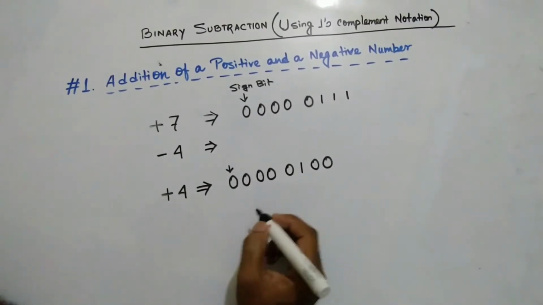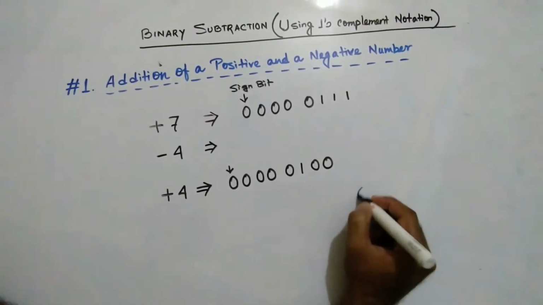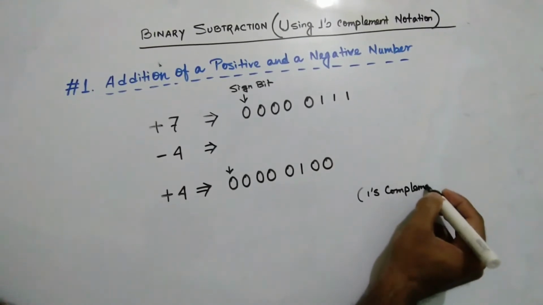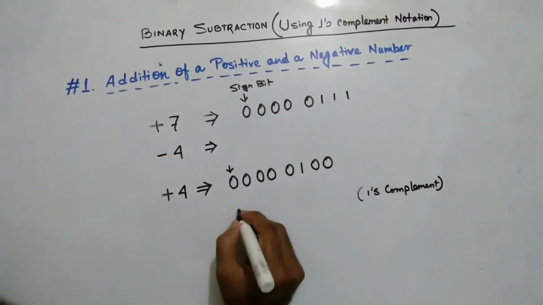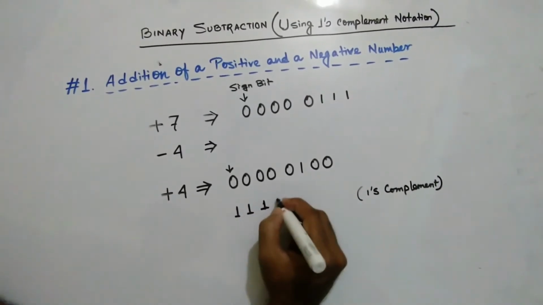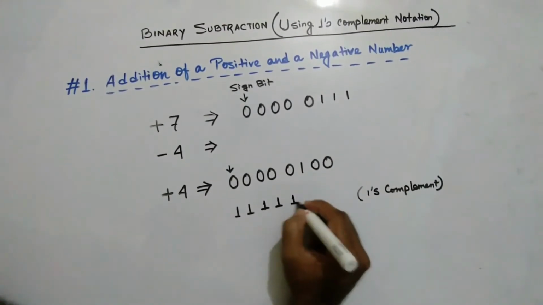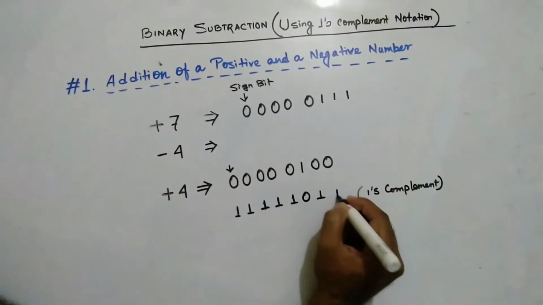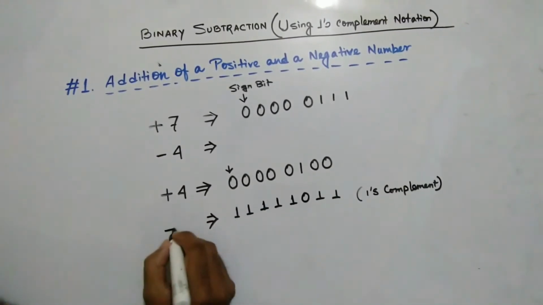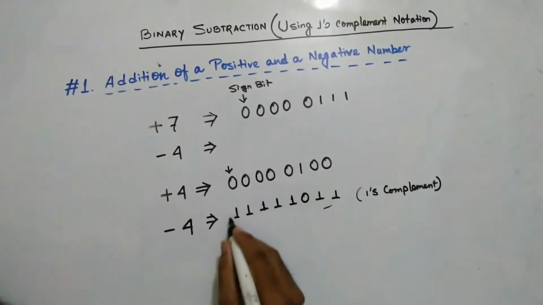Now we obtain the ones complement of this whole representation: we place 1 in place of 0 and 0 in place of 1. We actually get the ones complement of plus 4, which is equivalent to minus 4.